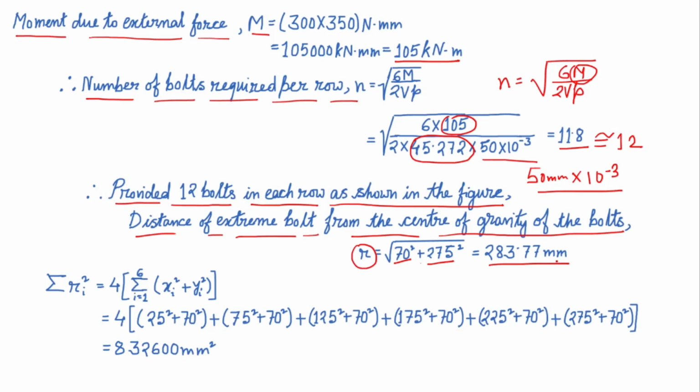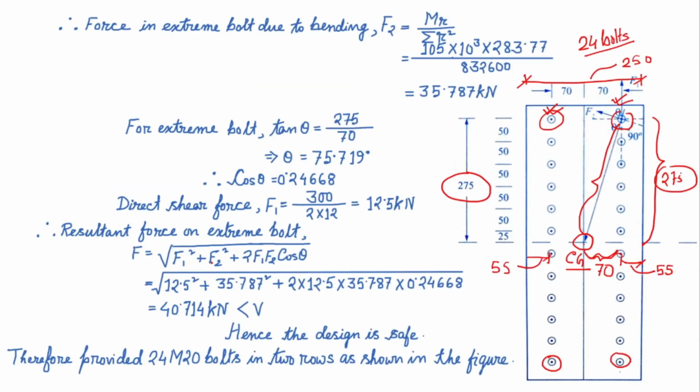Okay. Next, summation of Ri square. That means it is the square of the distance of each bolt from the center of gravity of these 24 bolts. So already I have told that this is the CG of the 24 bolts.